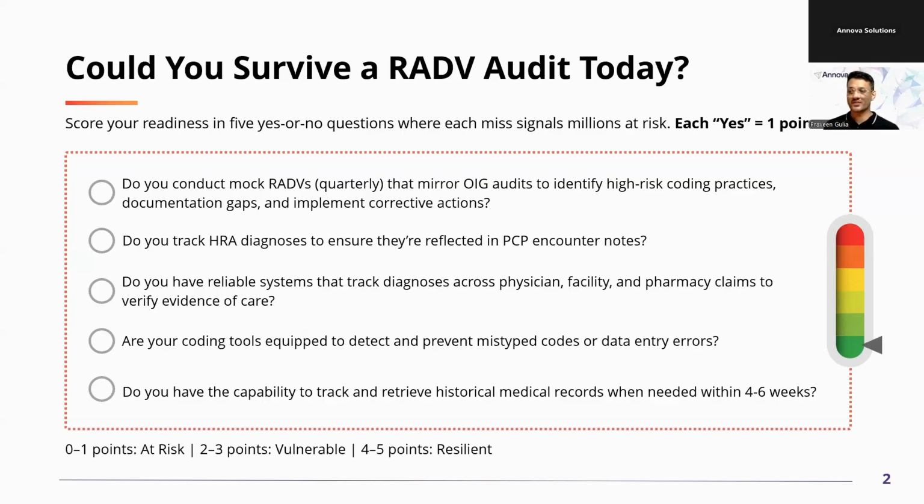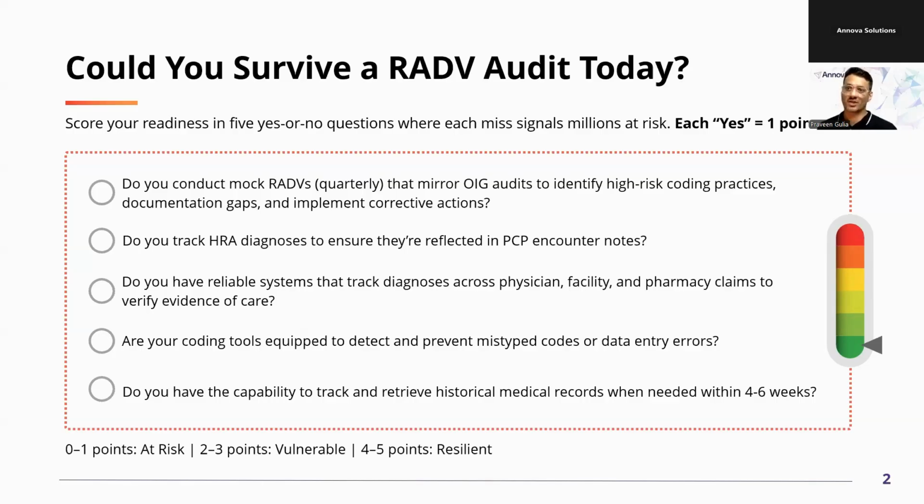Finally, something very basic, which is record retrievals. We know that everyone is getting audit notices and enrollee lists nowadays, but we also know that these audits cover pretty old years, 2018 and 2019. How prepared are you to locate these eight-year, nine-year-old health records if CMS or OIG asks you for them? A lot of audits depend on our ability to retrieve records.